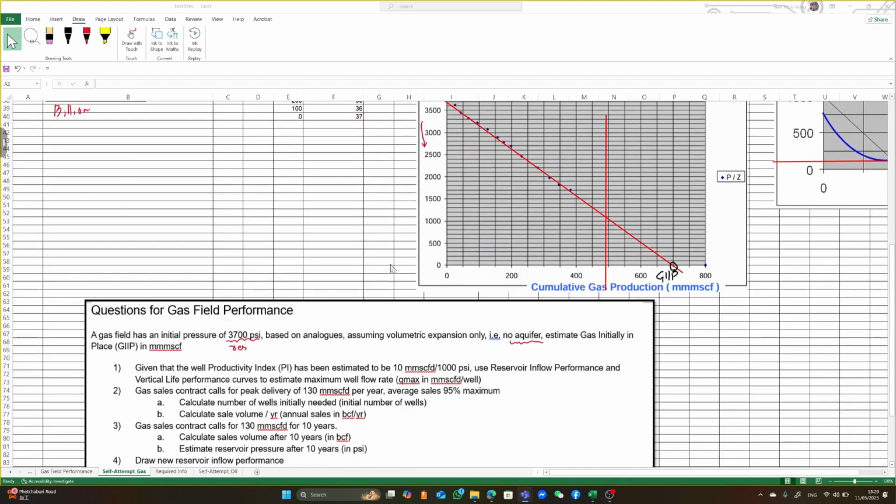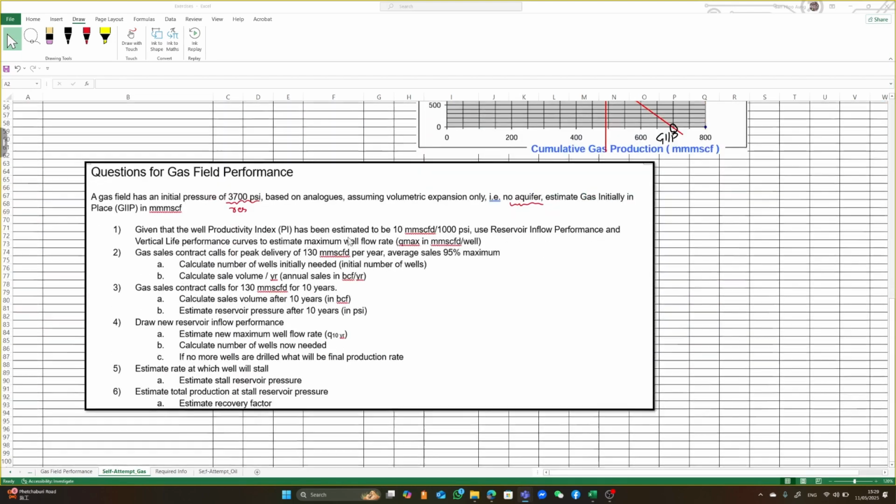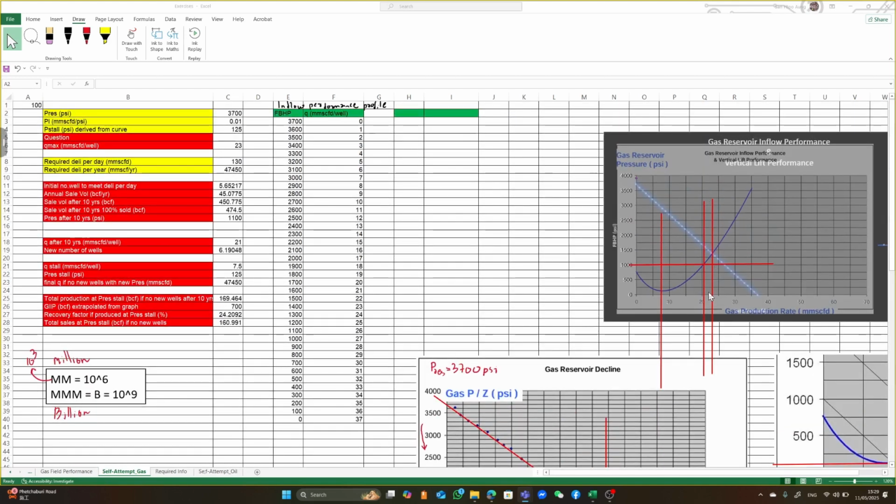The question asked me to estimate the maximum well flow rate, which I have estimated at this point over here to be 23, because this intersects with the vertical lift performance curve, and I estimated this as 23 million standard cubic feet per day of production per well. Okay, this is important. This is the production of one well profile, not the production of multiple wells.